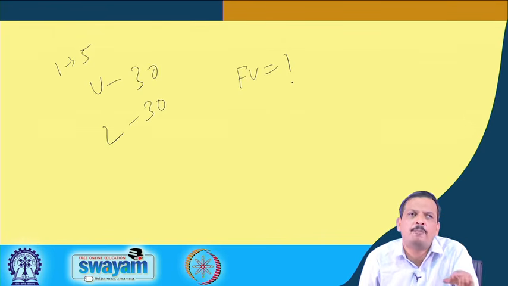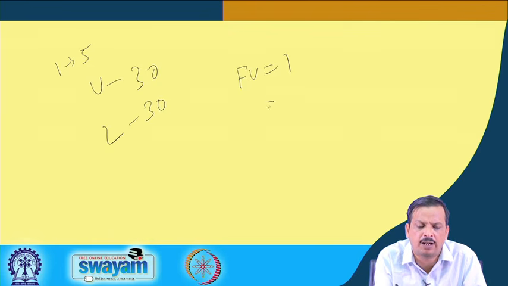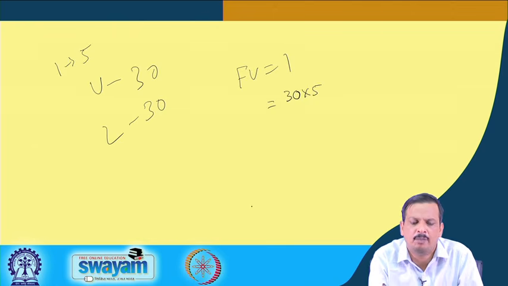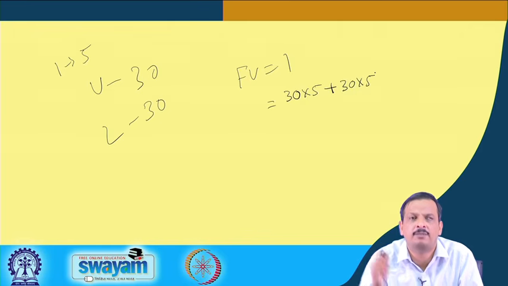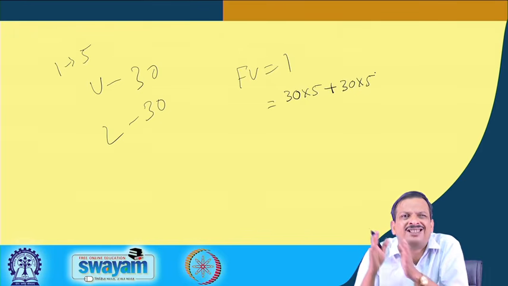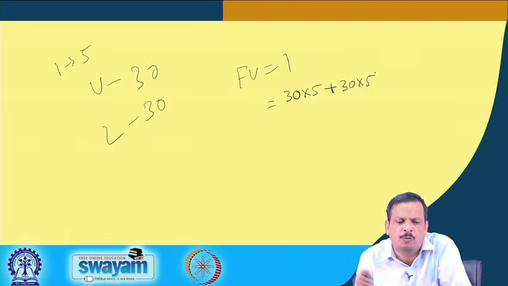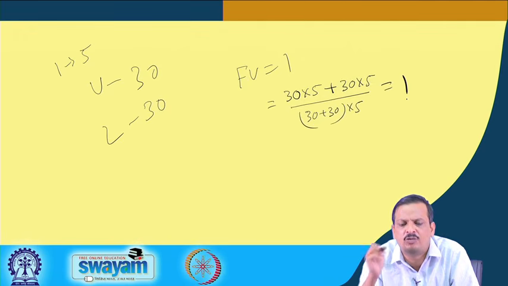Marks obtained by the upper group is 30 into 5, full marks. Marks obtained by the lower group is 30 into 5, full marks. What is the total marks in the upper group and lower group together? Total group size is 30 plus 30, and if all students get 5, then the ratio is equal to 1.